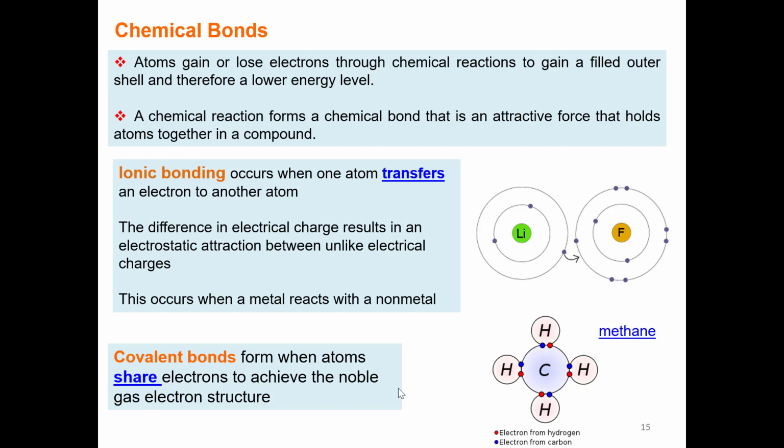Then how do these ions and molecules stick together? This happens because of the chemical bonds. During chemical reactions, atoms gain or lose electrons, and the reason they lose or gain electrons is to fill the outer shell and to be stable like the noble gases.